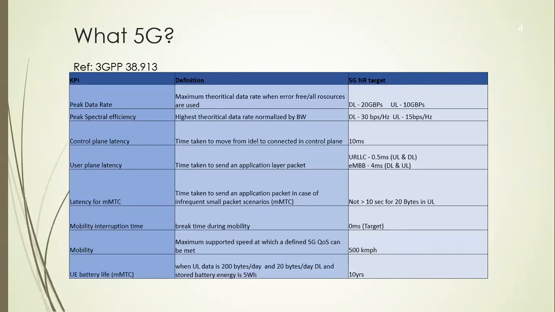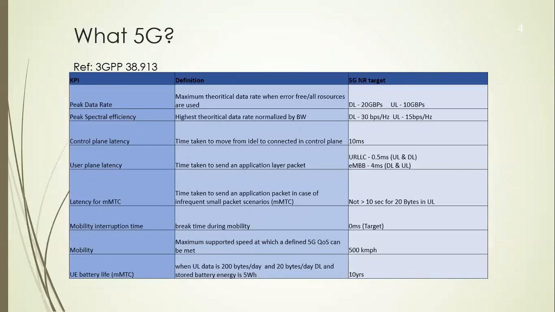Latency for mMTC, massive machine type communication. For these kinds of services, the devices will have very little data to send, and they do not send this data very frequently. For example, if you take IoT based electrical meters, typically the meter of your home will send its reading to the centralized server maybe once a month.